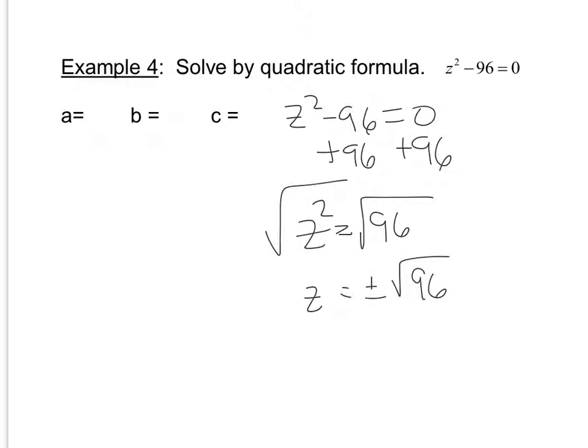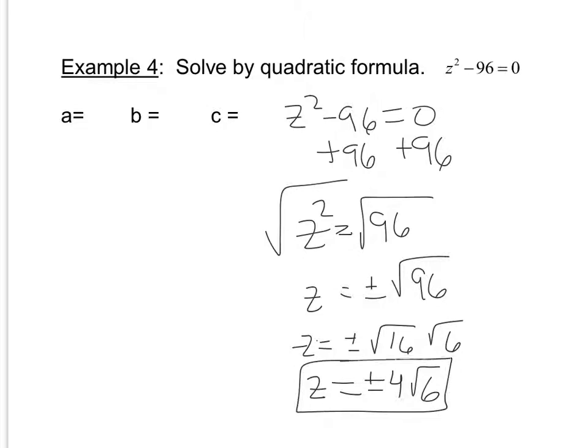And what you have to remember how to do is just try to simplify that square root, which I can say z equals plus or minus square root of 16 and 6, because 16 times 6 is 96. So z equals plus or minus 4 square root 6. Okay? Let's take a look at some more.